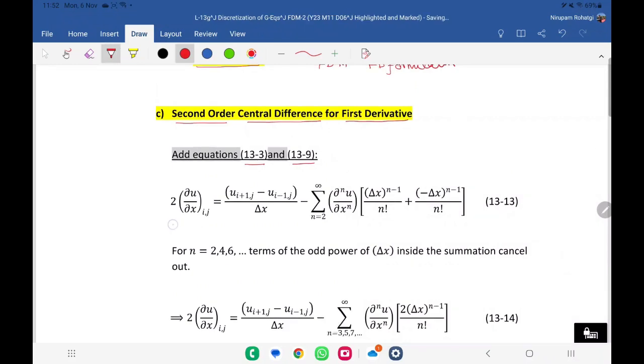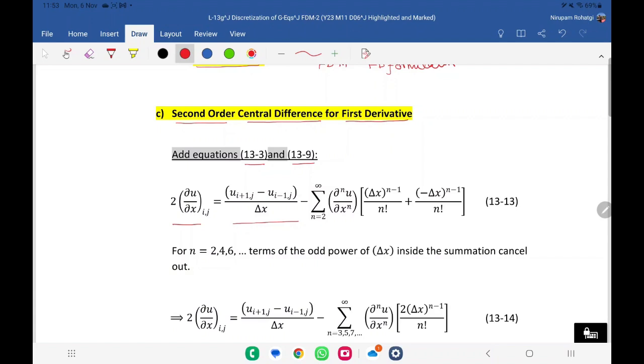Left side becomes double, and here you will have u i plus 1 and u i minus 1. Earlier there were two terms, u i and u i. When you are finding forward difference, you are subtracting u i from the forward point.